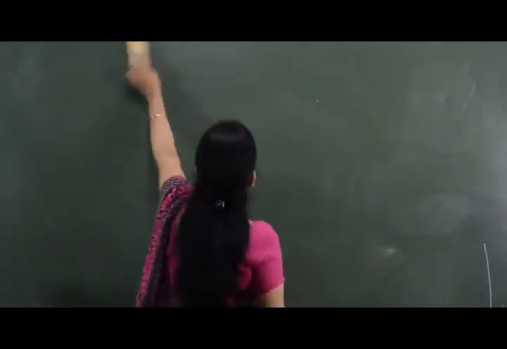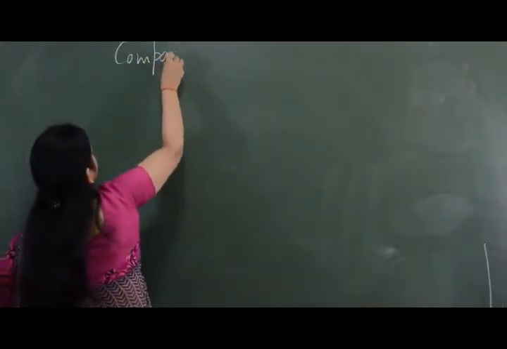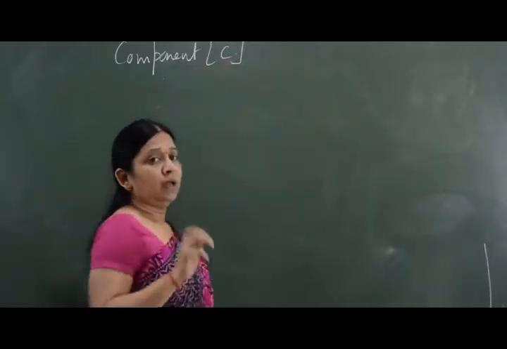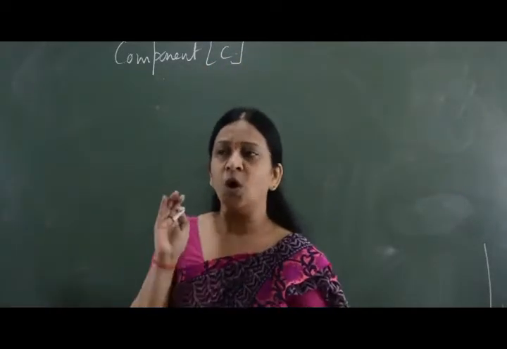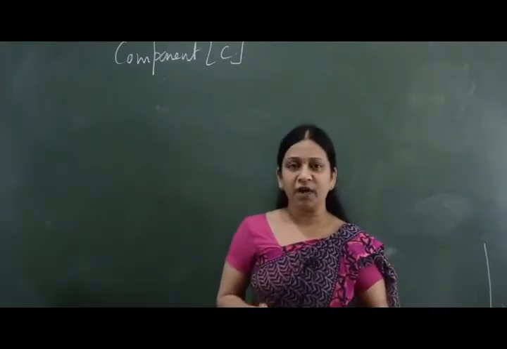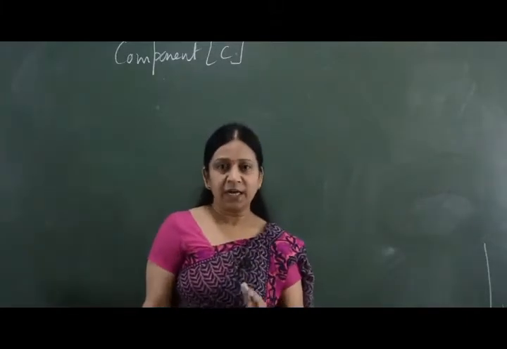Then the other term is component, which is denoted by C. It is the number of independent constituents which must be specified in order to define a system completely, directly or indirectly.